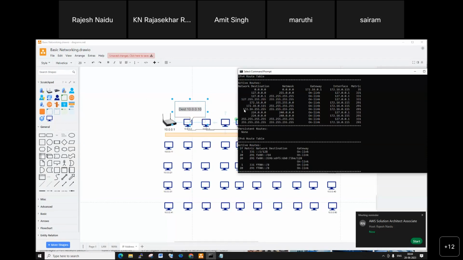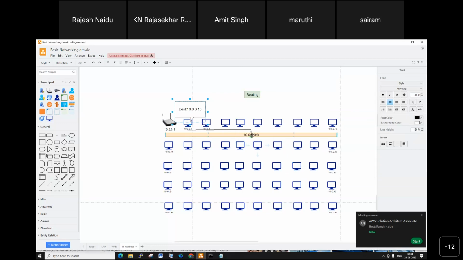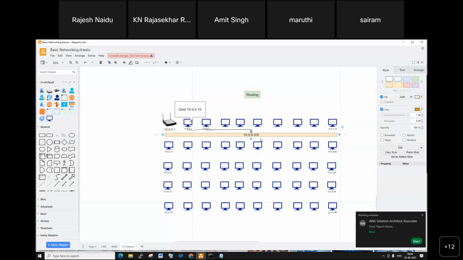If it is the same 10.0.0 network, the routing table will have 10.0 there. How will they decide? Based on this network, 10.0.0.8.